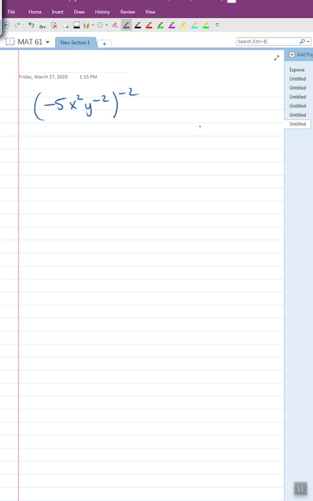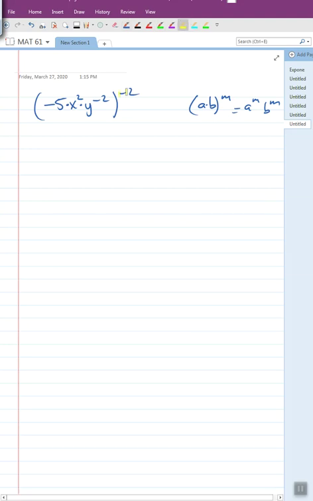Okay, what was our rule the other day? The one that David just mentioned a little while ago. If you have things multiplied together and then raised to a power, can't you just apply that power to each of the things inside, as long as those things are all multiplied? And that's a couple of multiplications in there.